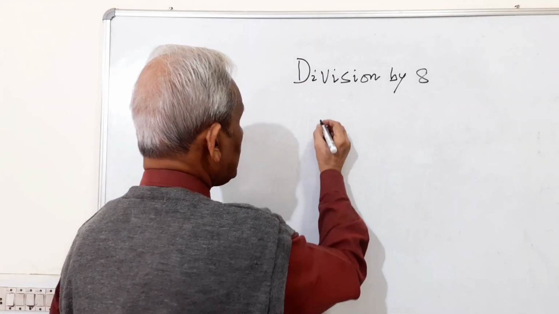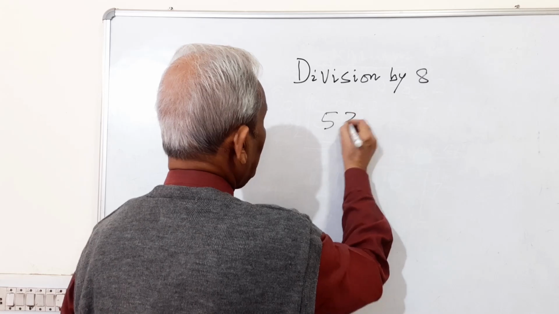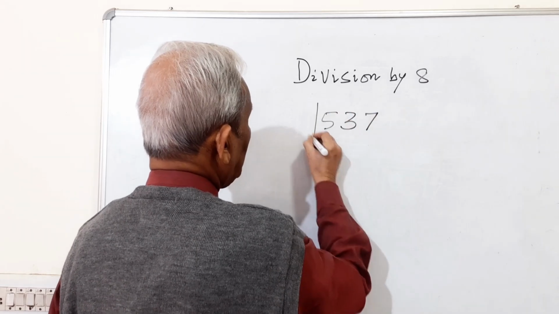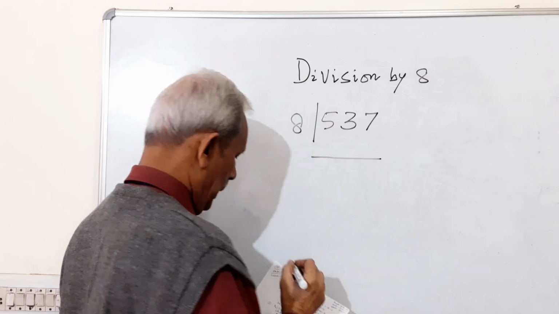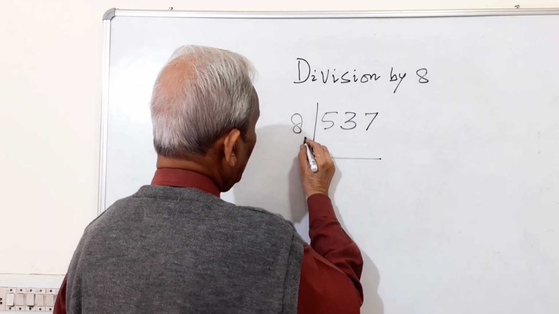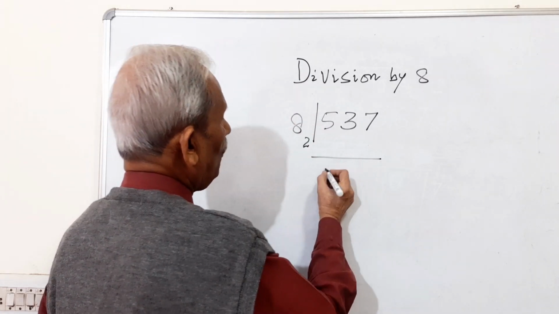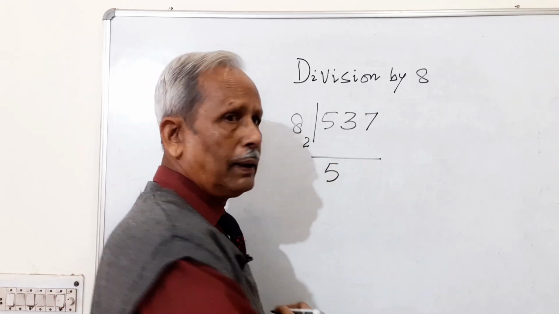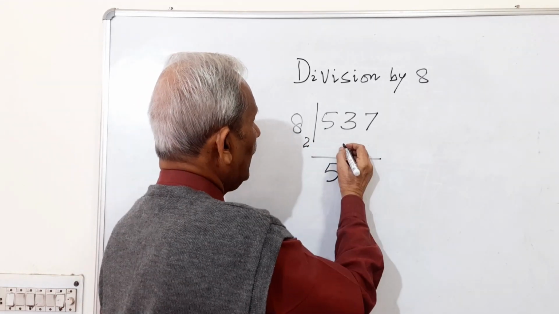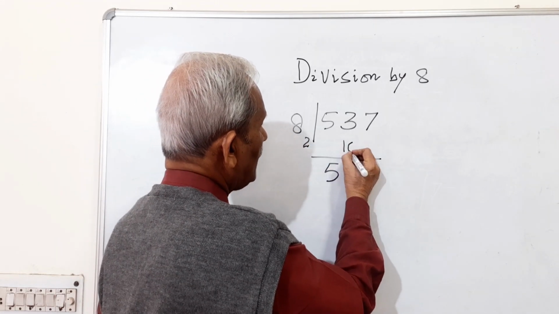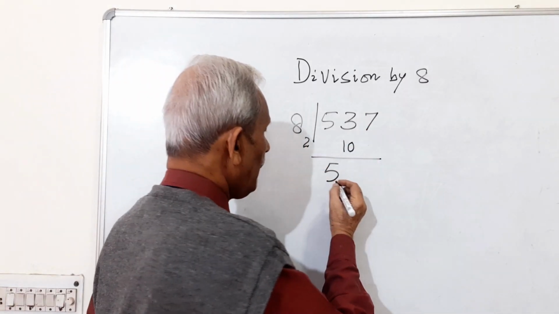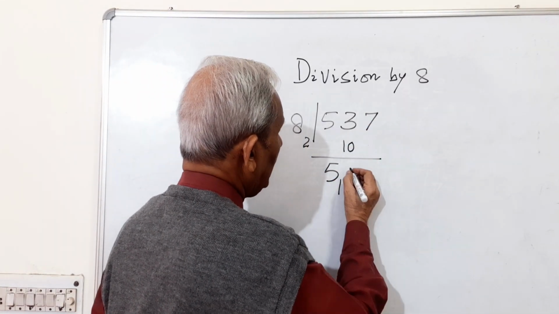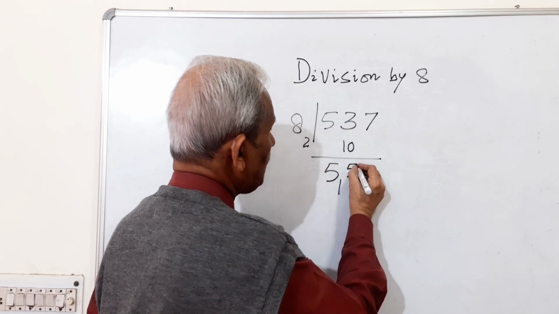Let us take the third example: 537 divided by 8. Write down 2 here once again. 5 is taken down. 5 into 2 is 10, so here it is 10. 10 plus 3 is 13. 8 goes one time into it, 1 here, and then 5 here. 5 plus 8, 13.